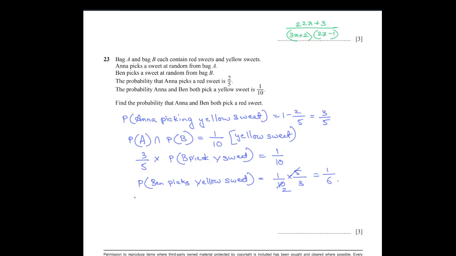Now using this, find the probability of Ben picking a red sweet. 1 minus 1 by 6, that is 5 by 6.